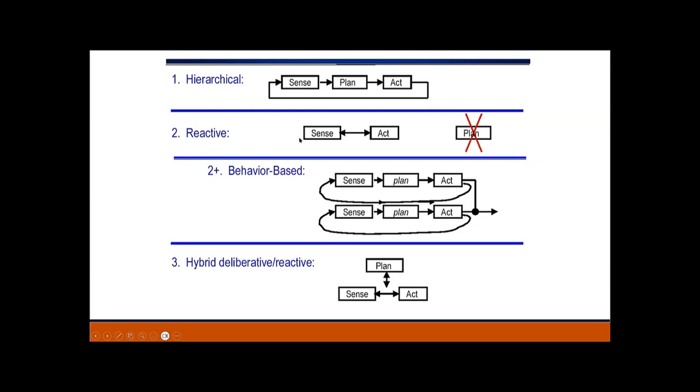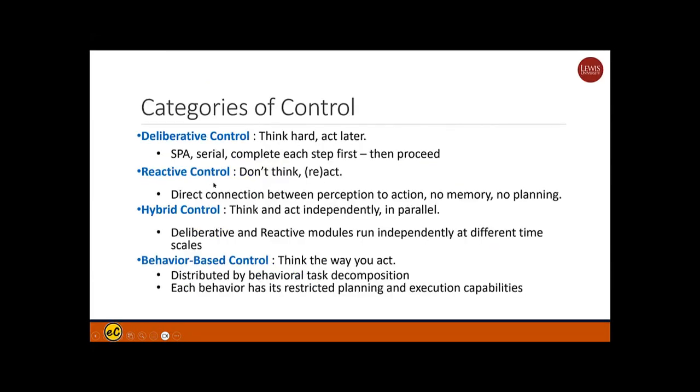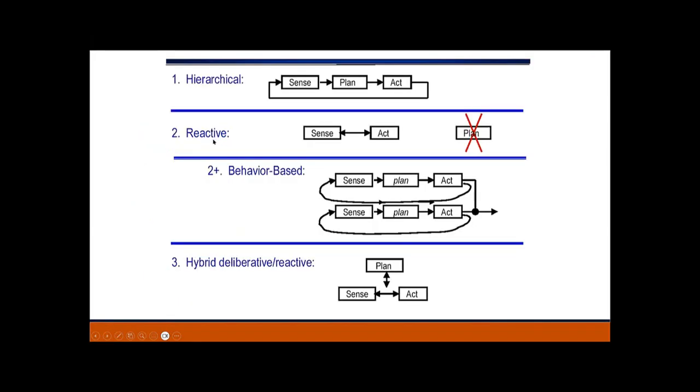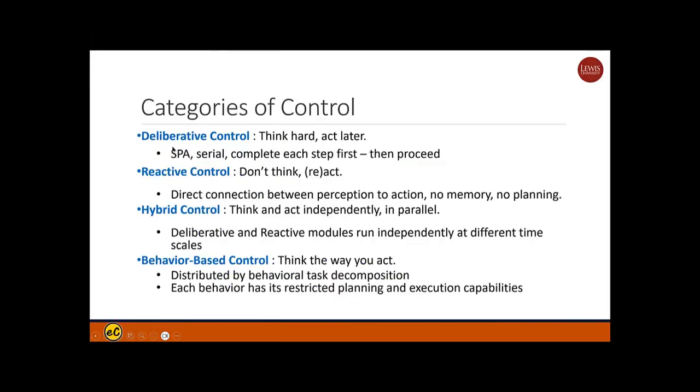These are the 4 kinds of control: deliberative, reactive, hybrid, and behavioral based. Deliberative control is also called hierarchical.